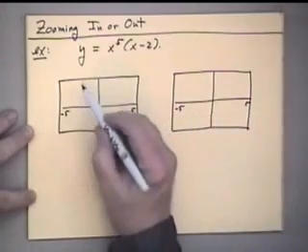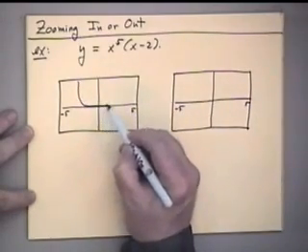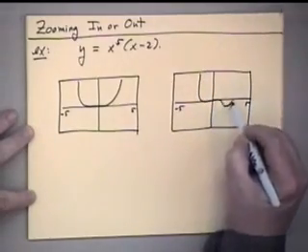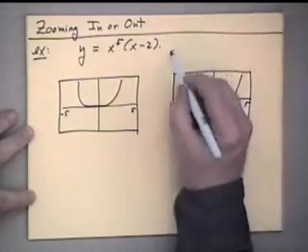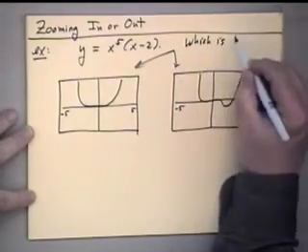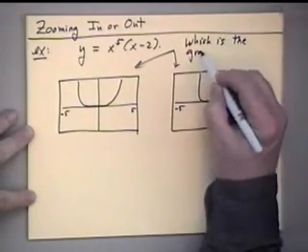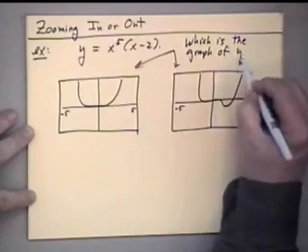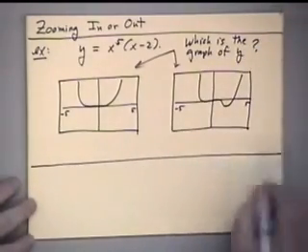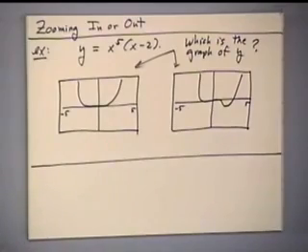And here is the graph of the first one. And here is the graph of the second one. Now my question is, which is the graph of y? Now they look very different.